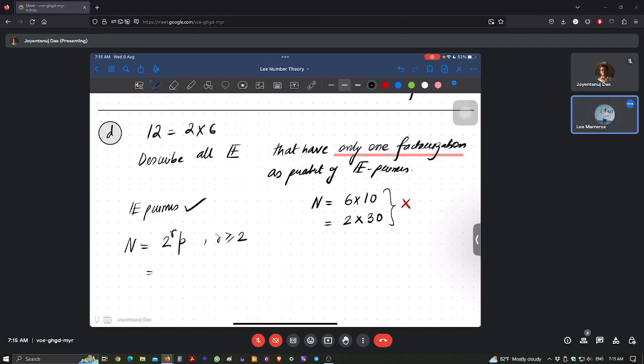And also, we can have n of the form only 2 to the power r, where r is greater than or equal to 1. So this also will have exactly one factorization as E primes.